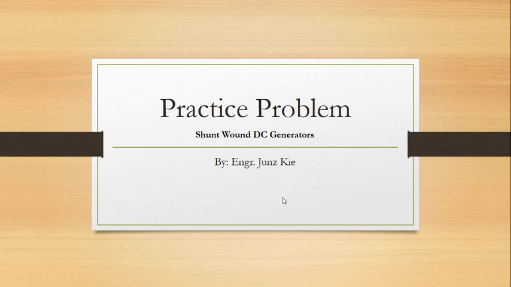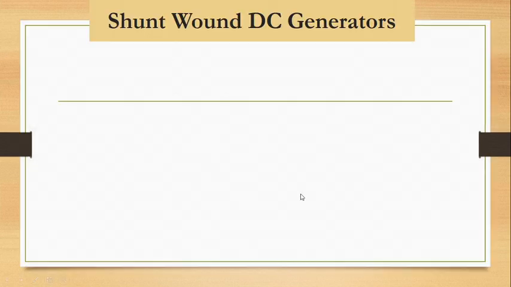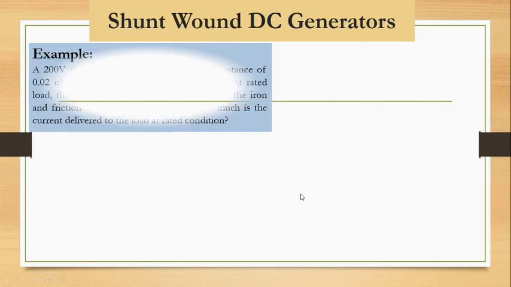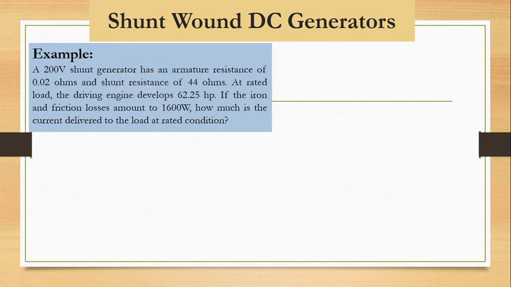Okay, so we have another example here. A 220 volt shunt generator has an armature resistance of 0.02 ohms and a shunt resistance of 44 ohms.